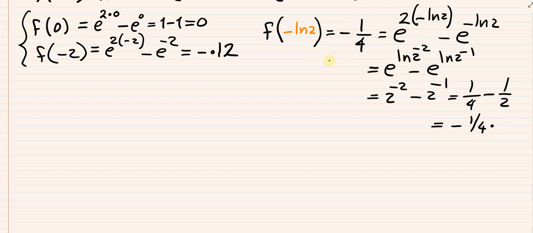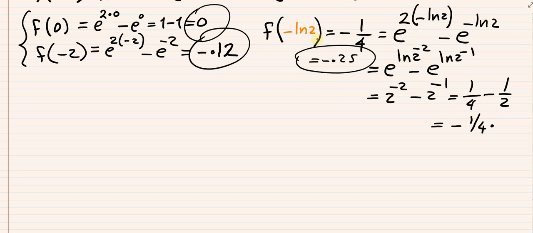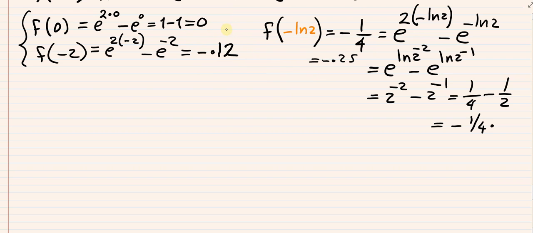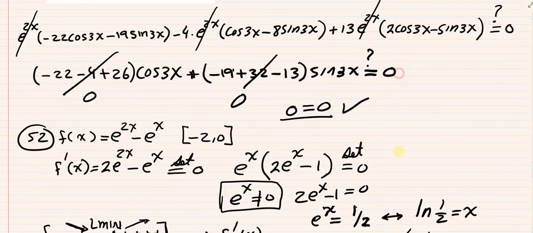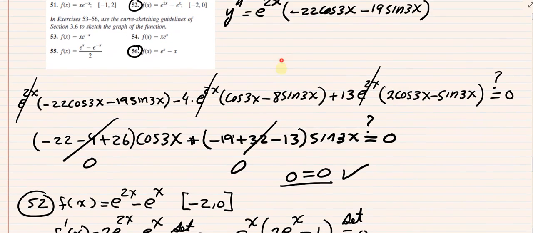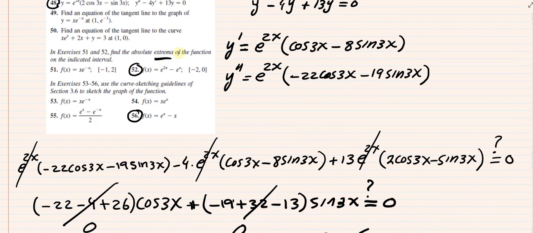Now if I look at these, negative 1/4 is negative 0.25. Comparing these three numbers, negative 0.25 is indeed lower than all of these. Remember, on the number line you have 0, negative 0.12, negative 0.25. So negative 0.25 is less than the other two numbers. The question was asking to find absolute extrema, that means absolute max and absolute minimum.